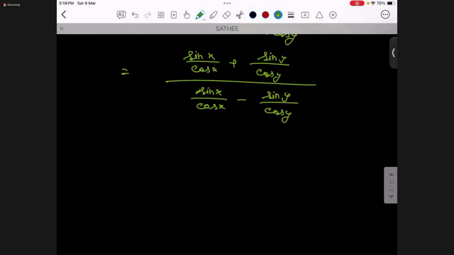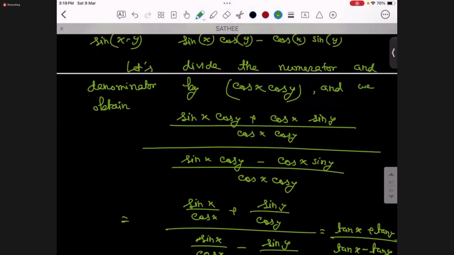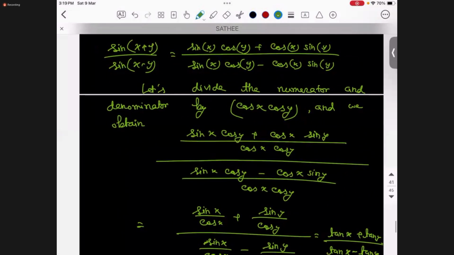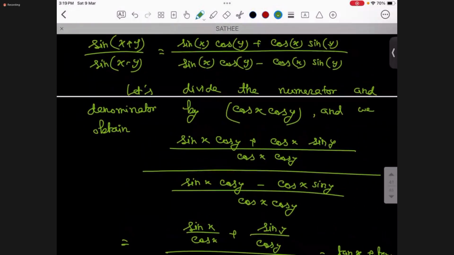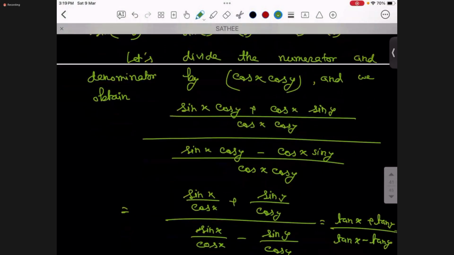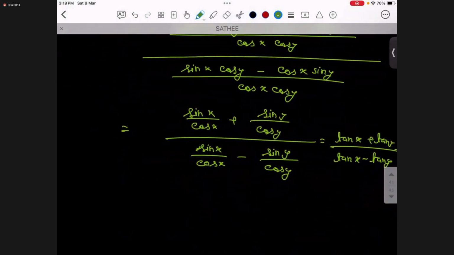This will further give us tan x plus tan y, tan x minus tan y. So just by manipulating, we can prove sin(x+y) by sin(x-y) equals tan x plus tan y by tan x minus tan y.